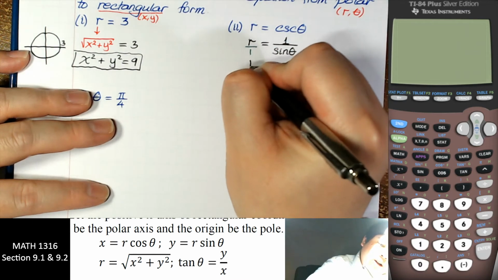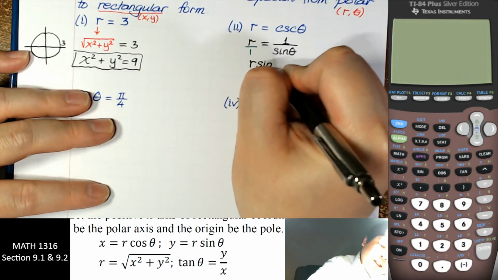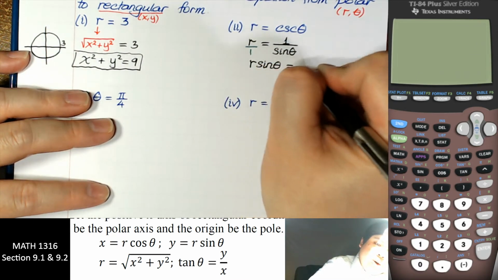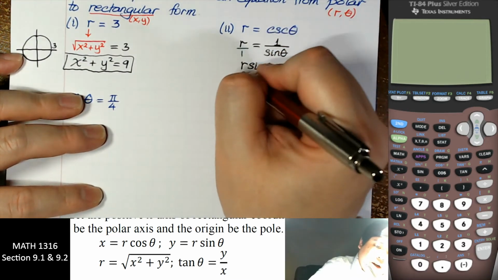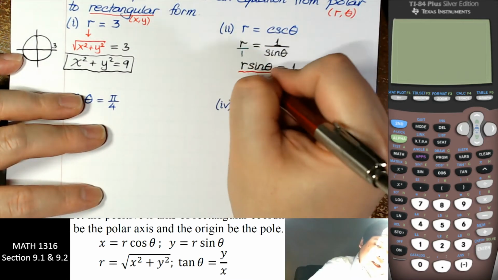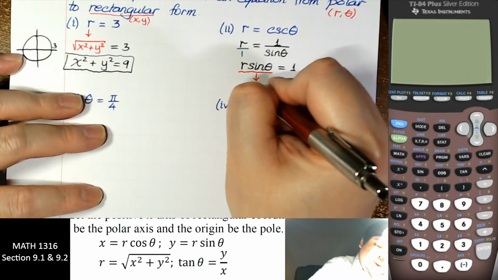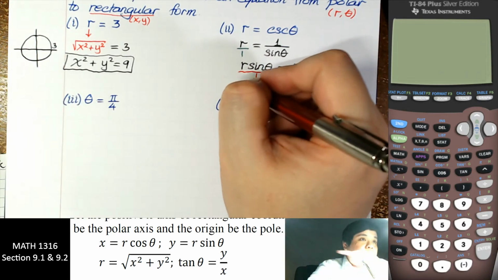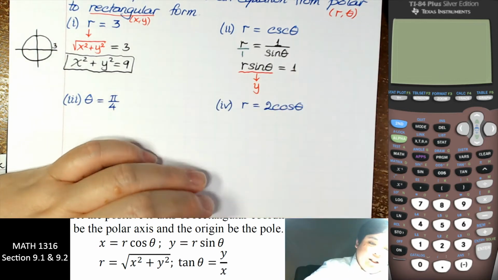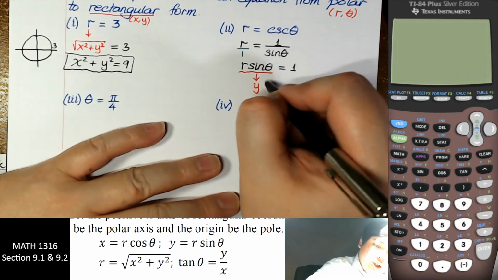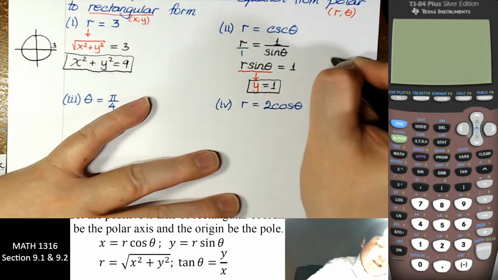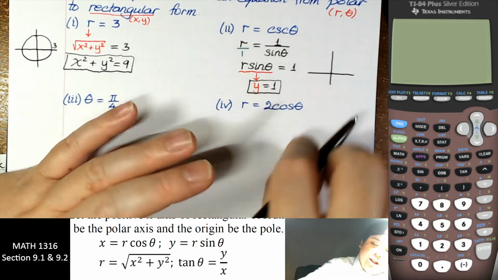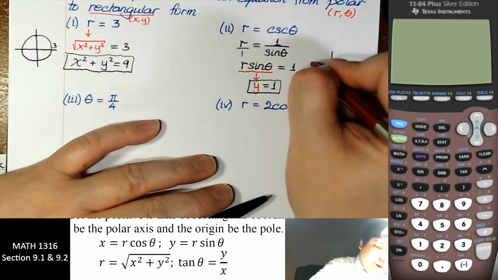We have r sine theta equal to 1 when we cross multiply, and r times sine theta is equal to y, right? So y equal to r sine theta. So this equation is y equal to 1. So the graph of that is the line y equal to 1.